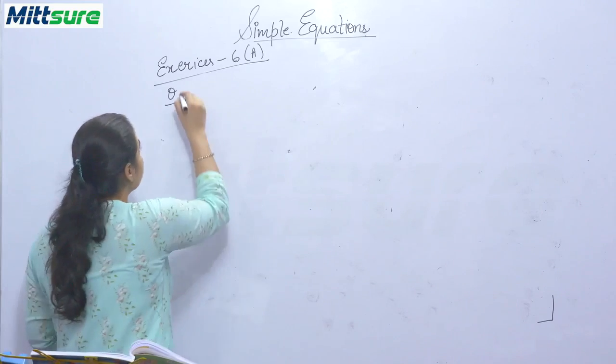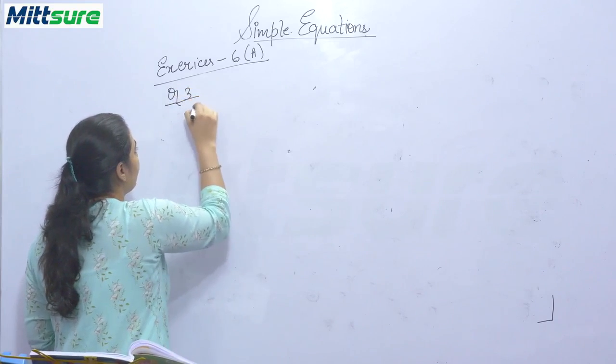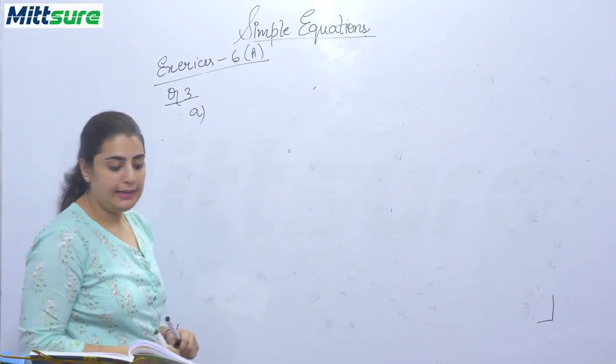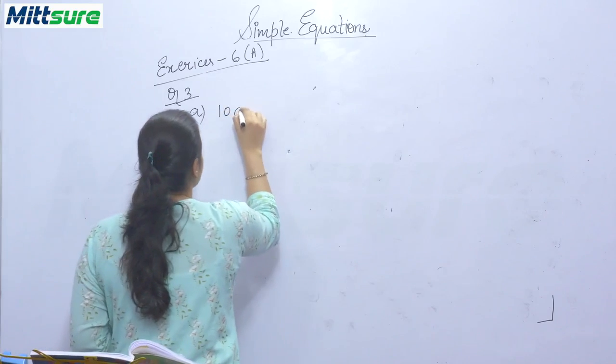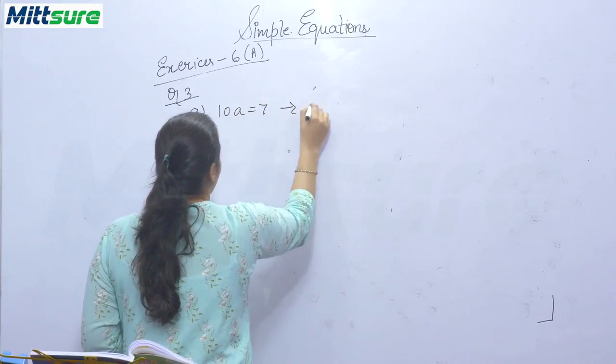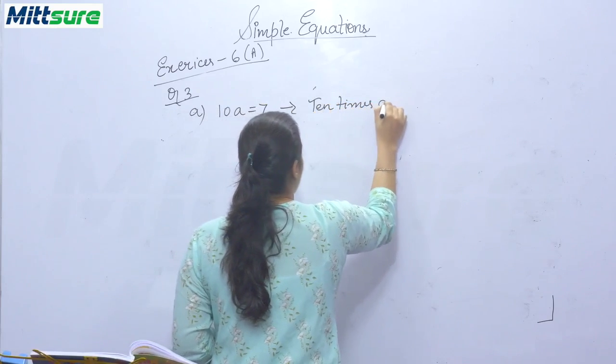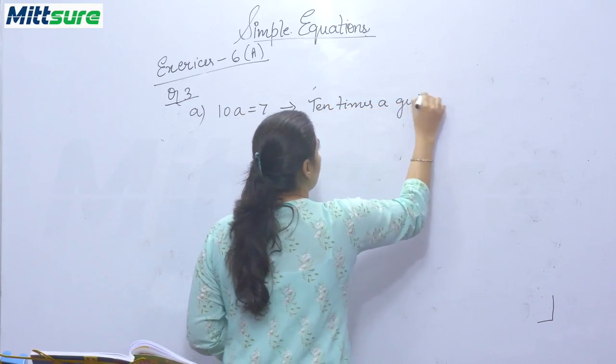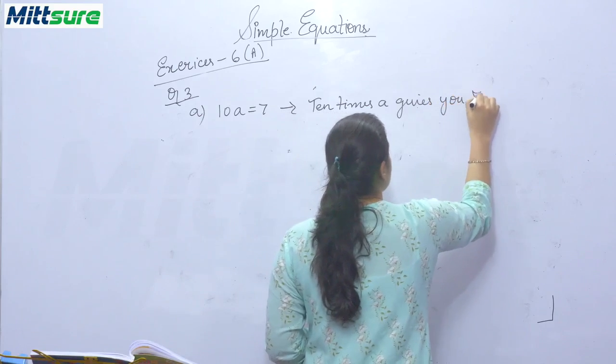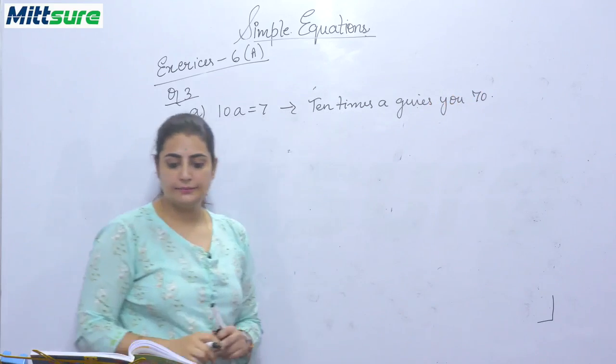So, first is 10a equals 70. 10 times a gives you 70. Right?